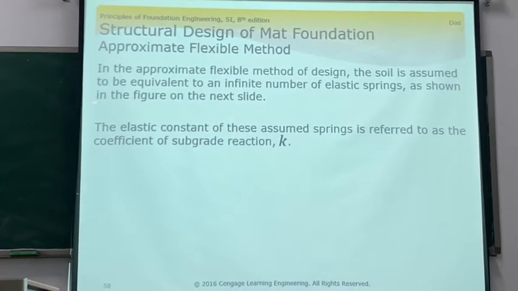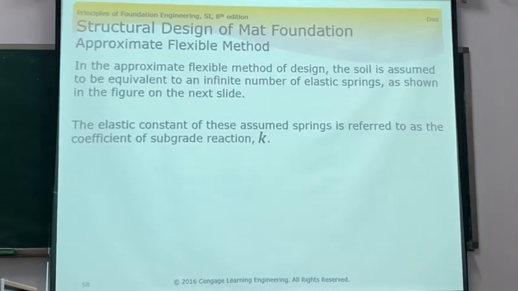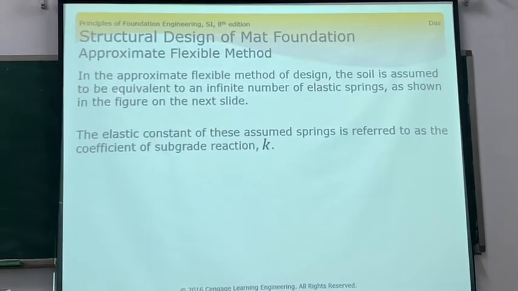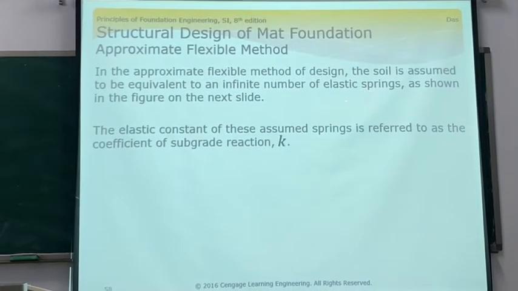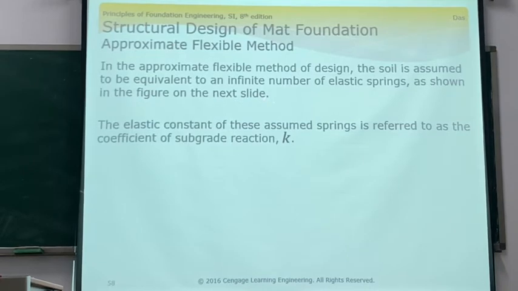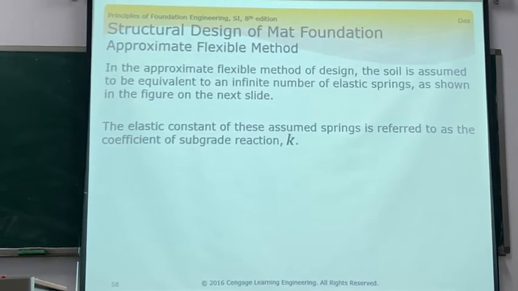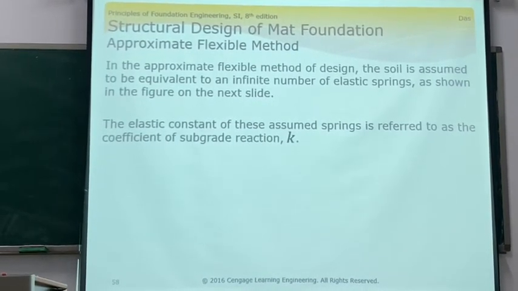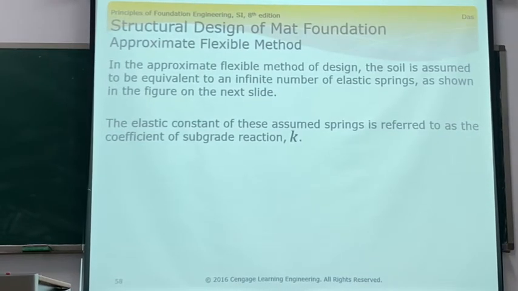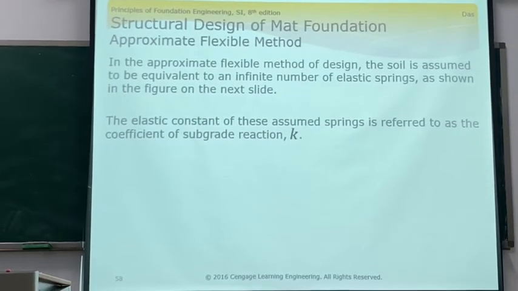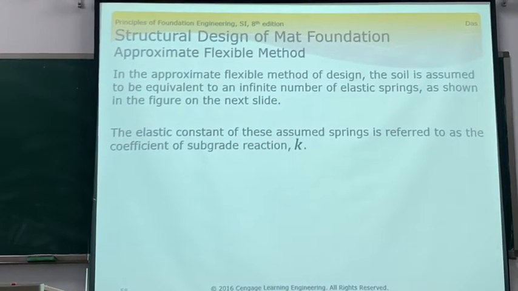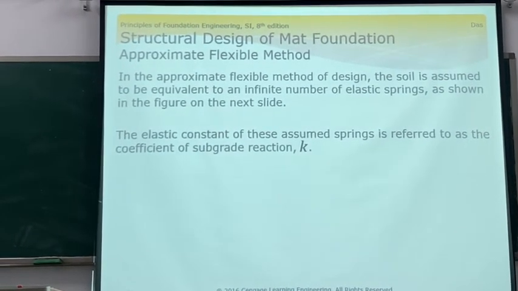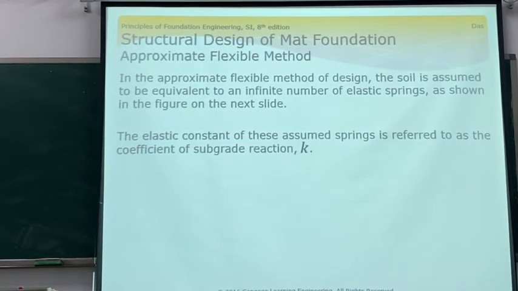In an approximate method for design, the soil is assumed to be equal to an infinite number of elastic springs, as shown in the figure on the next slide. You select the spring, you give a load on the foundation, then we get our settlement at the bottom. Like this is also a spring.